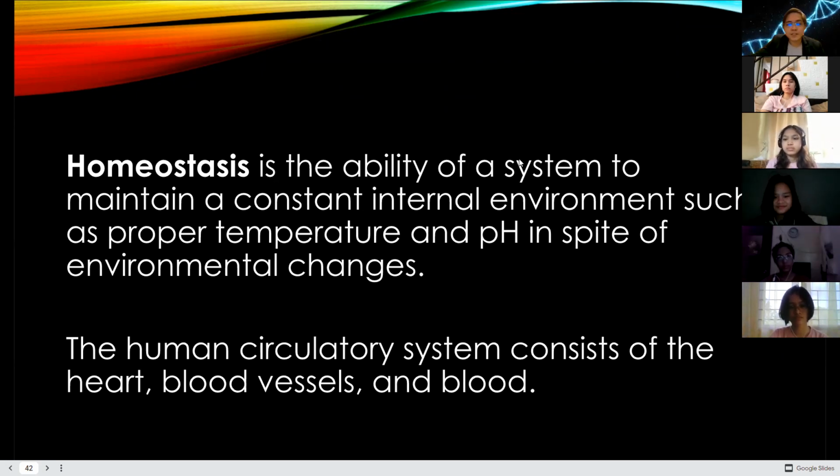This is the state of balance. Meaning your body can maintain its temperature and its internal environment even though there are changes in environmental factors.